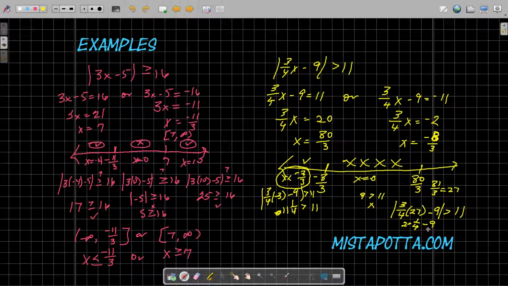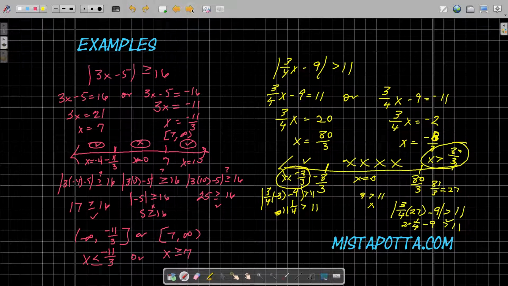Minus 9 is going to be 11 1/4, which is greater than 11, and that works. So x is greater than 80 thirds, certainly is part of my solution as well. And of course, I could write these using interval notation if I wanted to, but inequalities are perfectly acceptable.